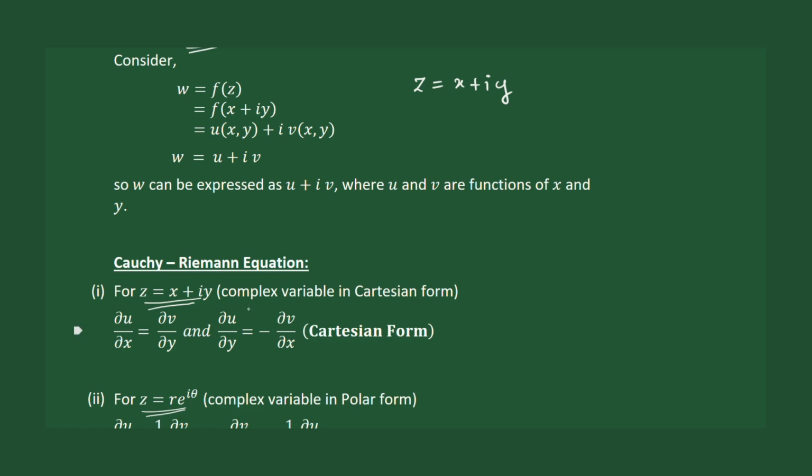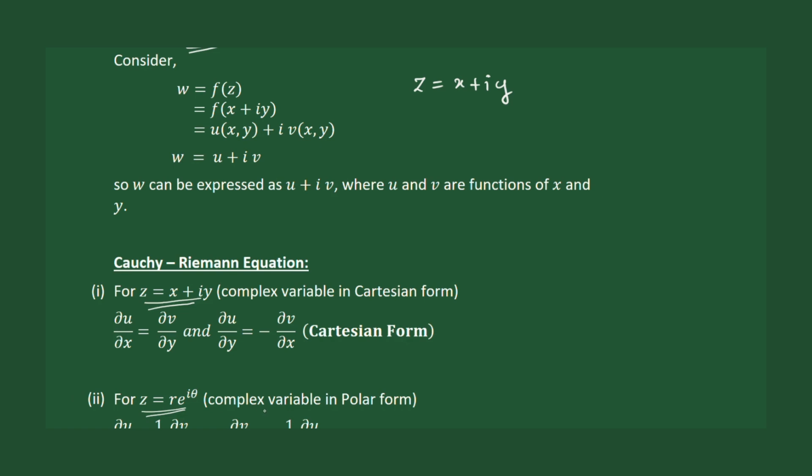When z is expressed in Cartesian form, the Cauchy-Riemann equation is: dou u by dou x is equal to dou v by dou y, and dou u by dou y is equal to minus dou v by dou x. This is the equation called the Cauchy-Riemann equation to check whether the function is analytic or not. This is very important to know about analytic function.